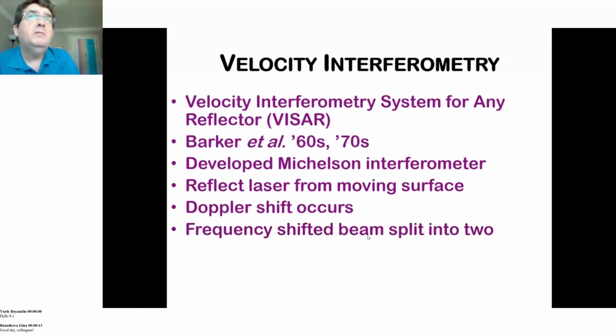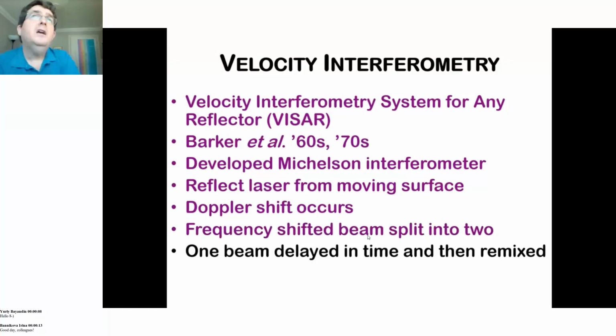And what they do is you reflect the beam off the surface, and you delay one beam in time by sending it through an optically dense material, such as a block of glass, and you let the other beam travel mainly through air. There will be a time difference because refractive index is a measure of how much light speed is reduced, and therefore you can introduce this time difference between the two parts of the beam.